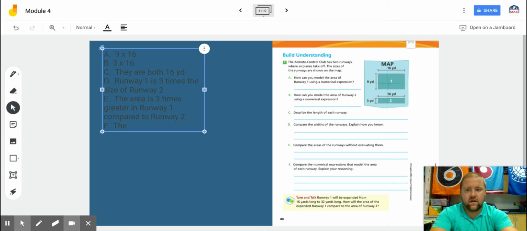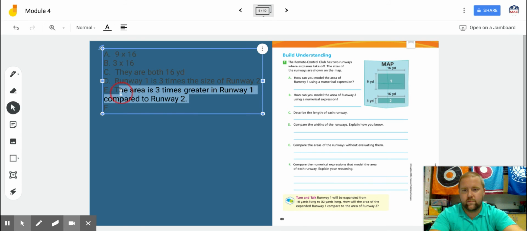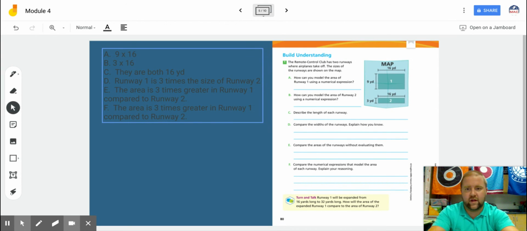the area, and it's kind of the same as part E, so I'm really not going to say too much of that. But the one thing we do need to say is we need to compare our reasoning. Okay, so I'm just going to copy and paste this part here, and then I'm going to explain my reasoning.